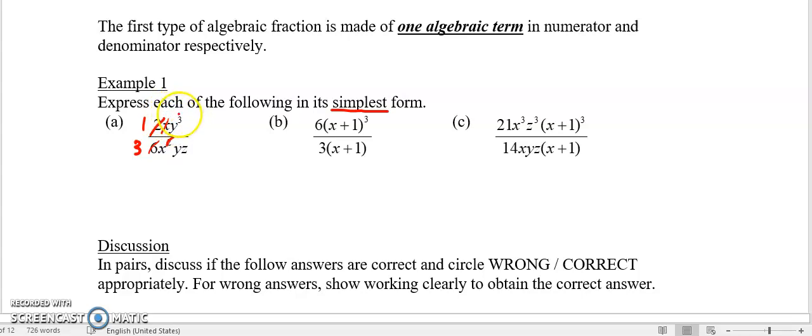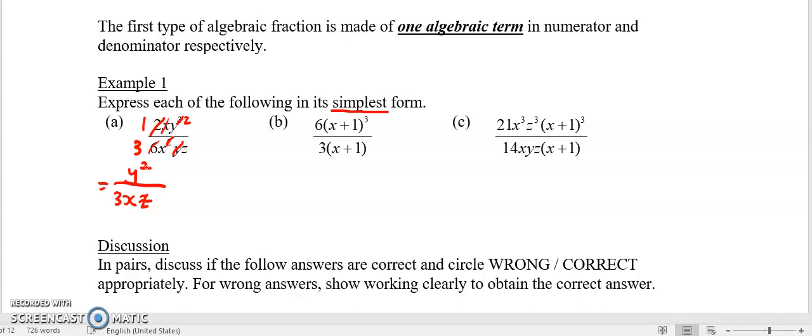For y cubed and y, we can cancel, and y cubed becomes y squared. As we write it out, the numerator will be left with y squared, and the denominator 3 times x times 6 times z.